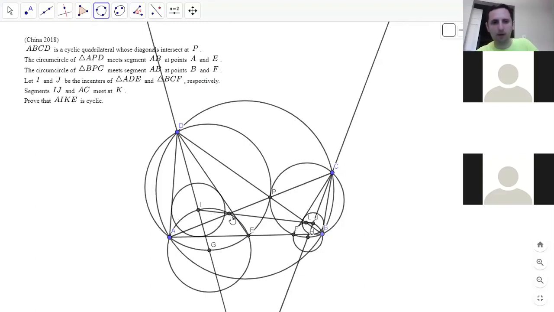Can we show that IJ intersects BD and AC at the same angles? KFJC is cyclic too.